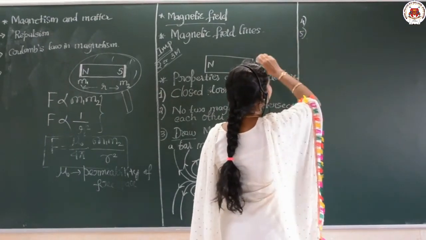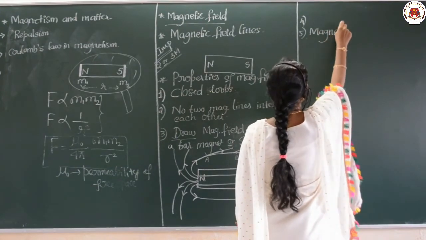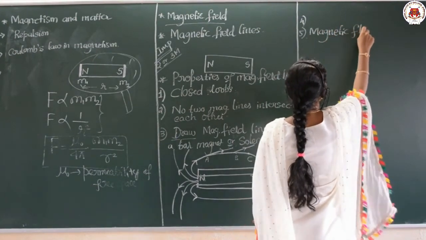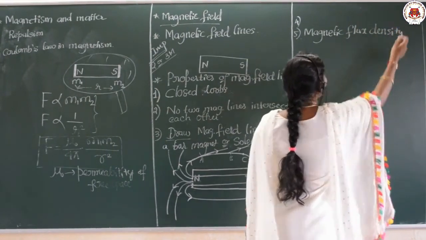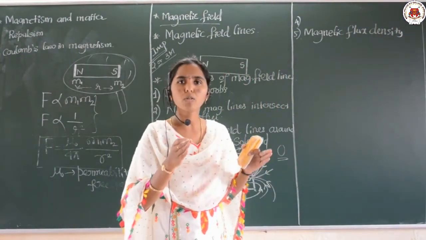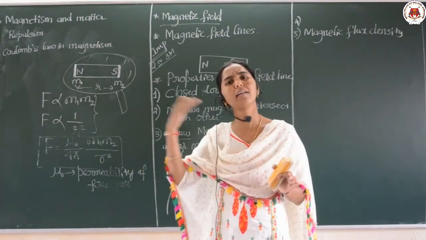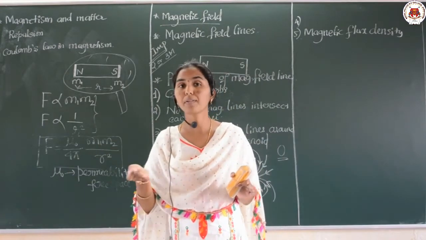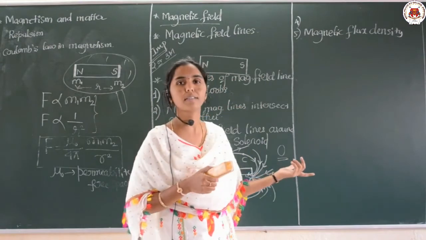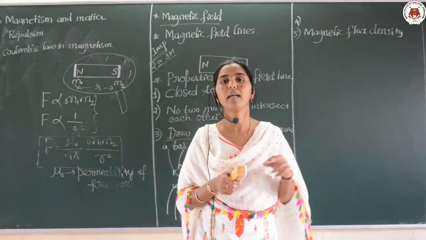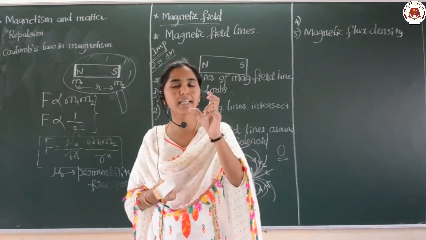So then the next point is about magnetic flux density. Magnetic flux density. What does it mean? See, almost all the points which we are covering now are relevant to the second chapter, electrostatic potential. There also you studied electric flux density and the properties of electric field lines, right? So both are related to each other, but there is a slight difference also.